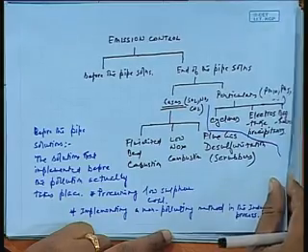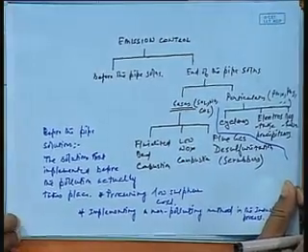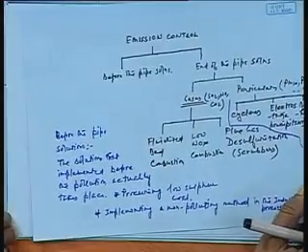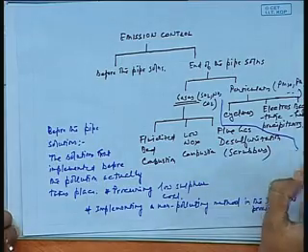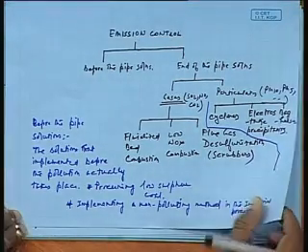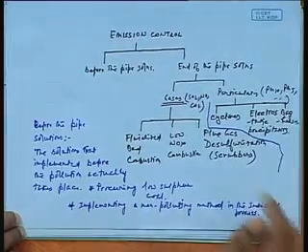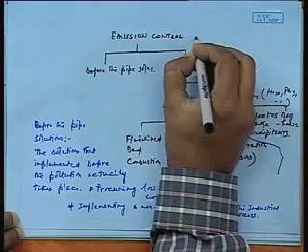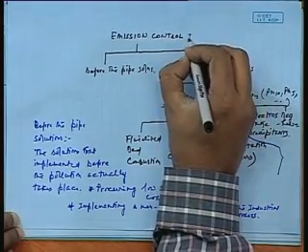Let me deal with each of them in some detail, so that you have a general idea about what things are generally used in terms of air emission control in industries. Mostly what we are discussing is emission control in industries.